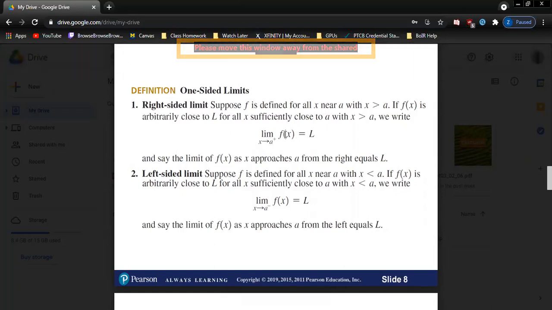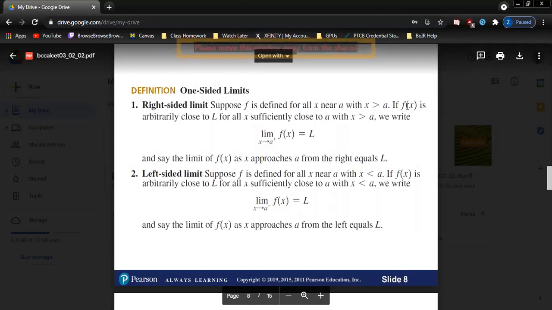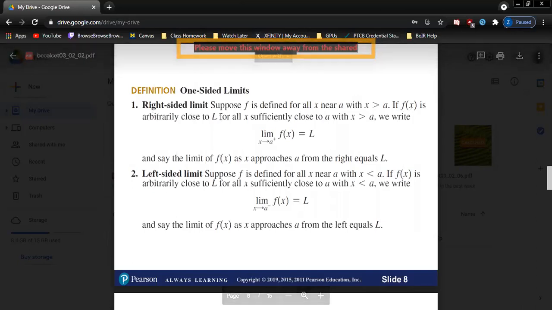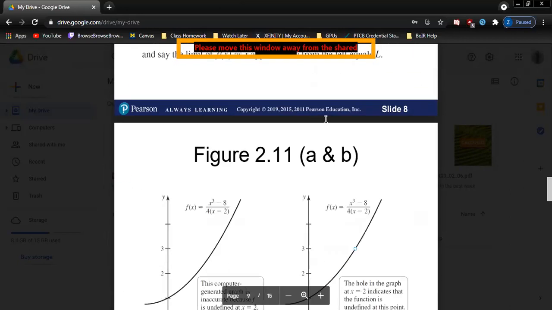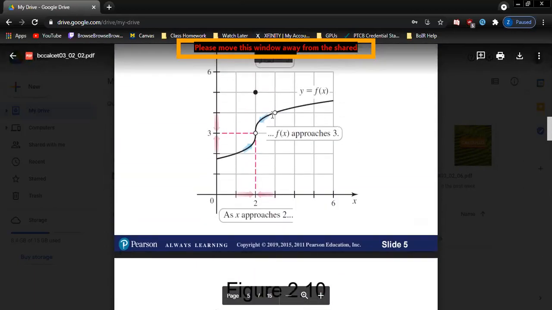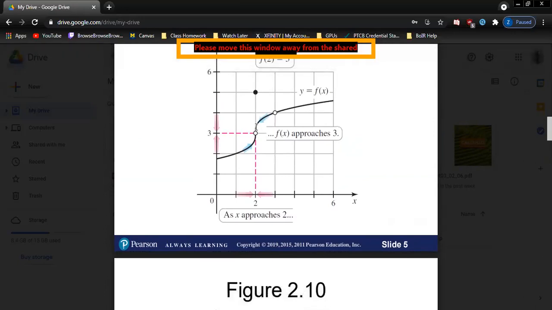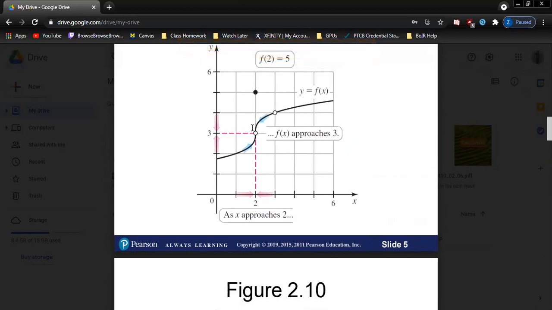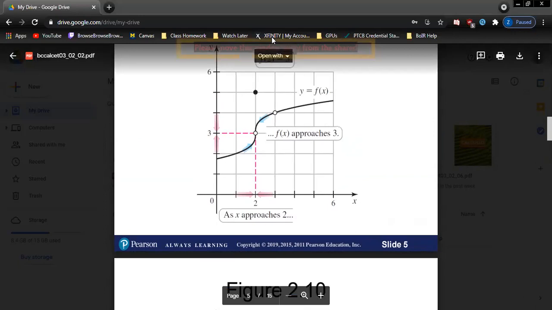We have seen this in the graph, and that value is going to be our right-sided limit. As you can see, f of x is arbitrarily close to L for all x sufficiently close to a, with x greater than a. So f of x is arbitrarily close to this point, which is 3, where x is obviously greater than a, which is 2 on this occasion. So we say this is the right-sided limit.